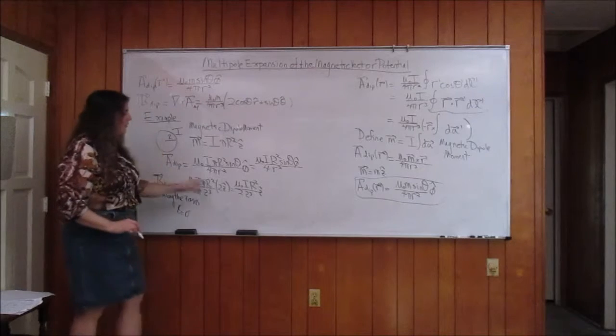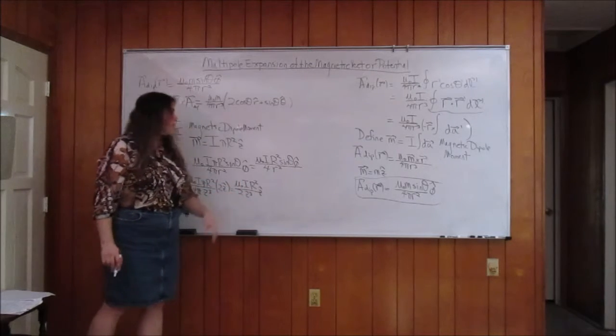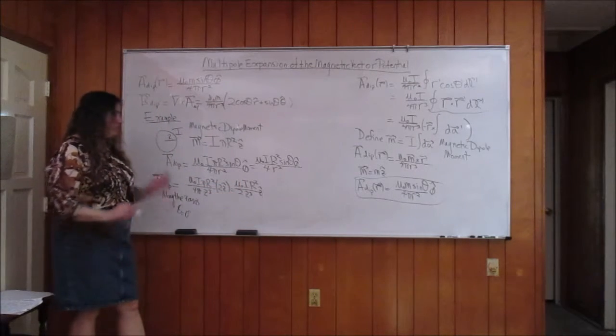And you find that that's equal to mu naught I r squared over 2 z cubed in the z direction.